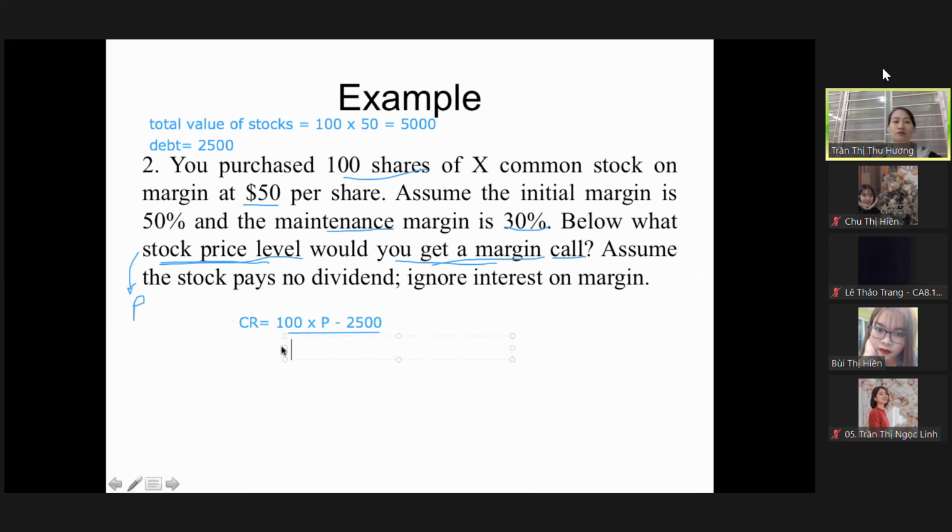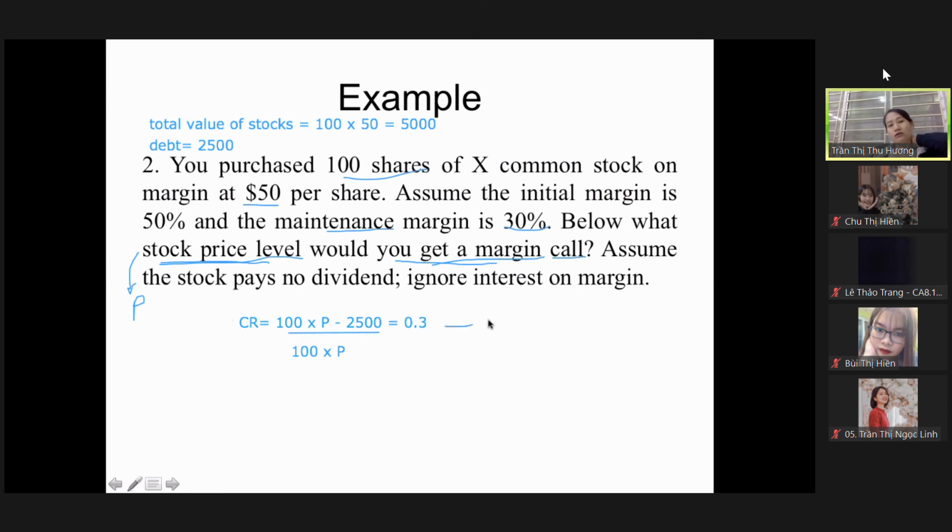So you write down the formula equal to 0.3, not 30, because the maintenance margin is 30%. Okay, so now find out B.